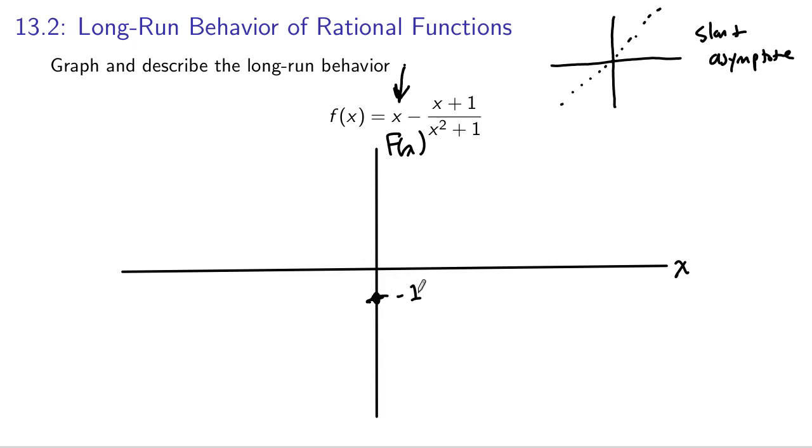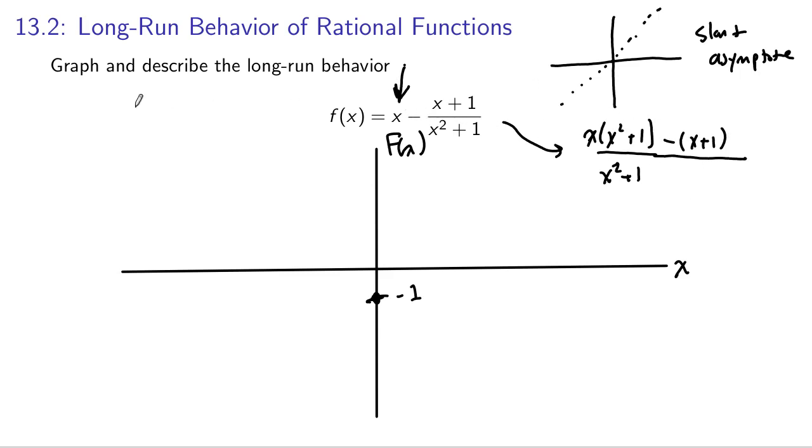If we put this function back into factored form, that would help us find any zeros that we might have. So let's think about how to do that. We would multiply this x by x squared plus 1 over x squared plus 1, minus all that stuff, which would just be subtracting the numerator from the second thing, since they have the same denominator.